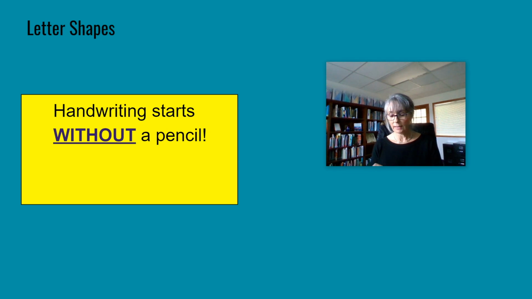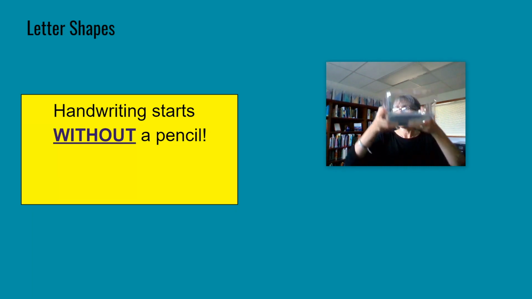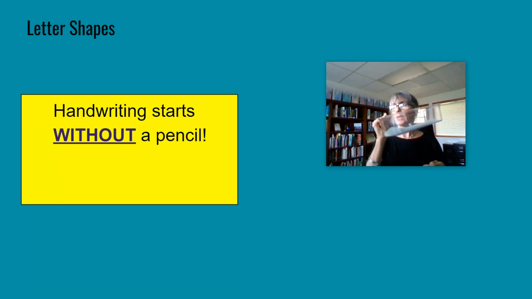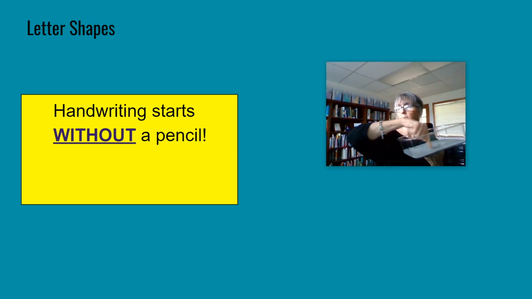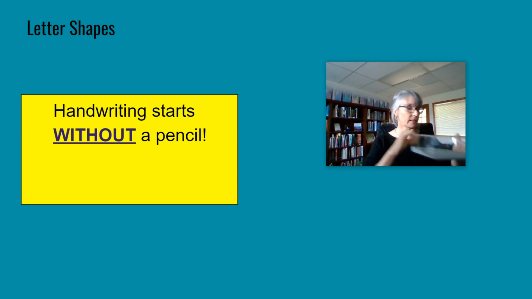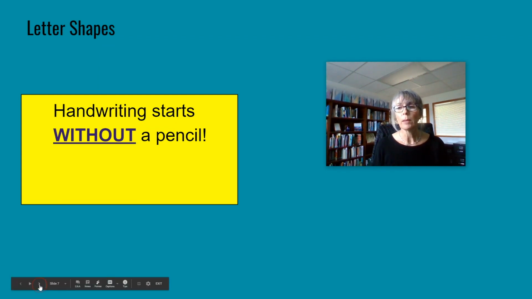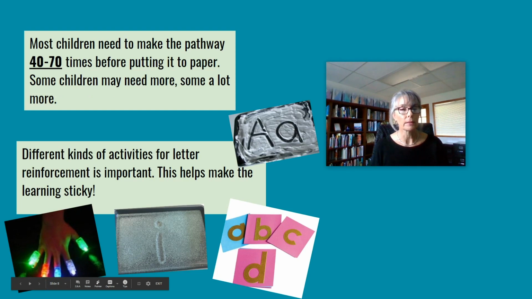Sometimes we do fun things like we give the kids little lighters and we turn off the lights and we have them make the shape in the air with the lights. We often give them sand trays, although they're not sand anymore. These are the glass beads and a lot cleaner. And they make the shape of the letter in the sand. So those are all ways that we help them learn the shape before we give them the pencil.